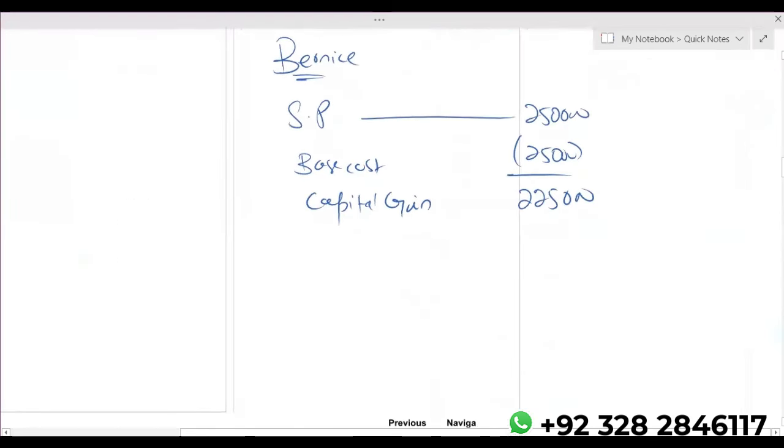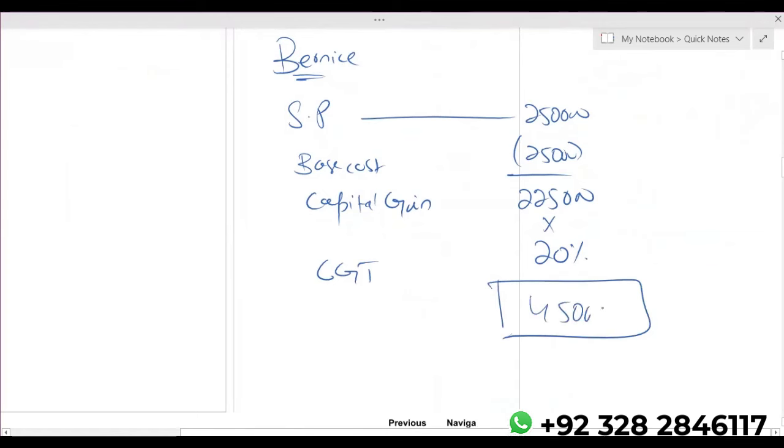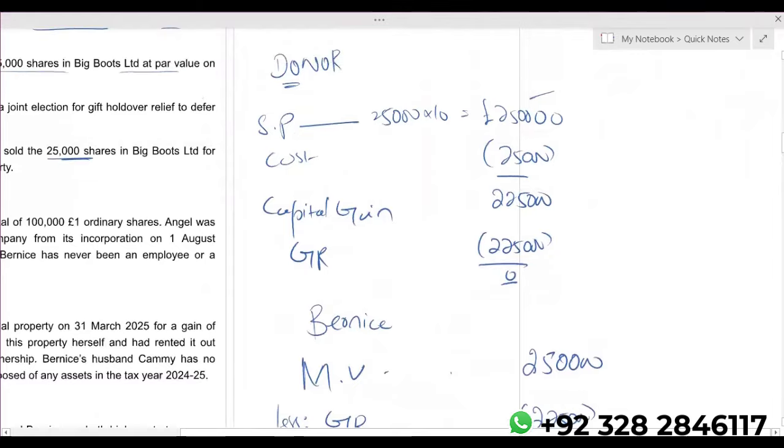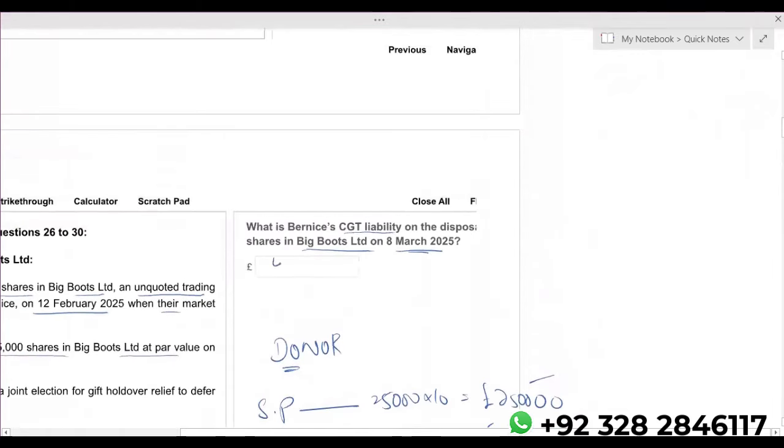So no annual exempt amount is available. The CGT rate is 20%. So 225,000 at 20% gives 45,000. So CGT payable is 45,000.